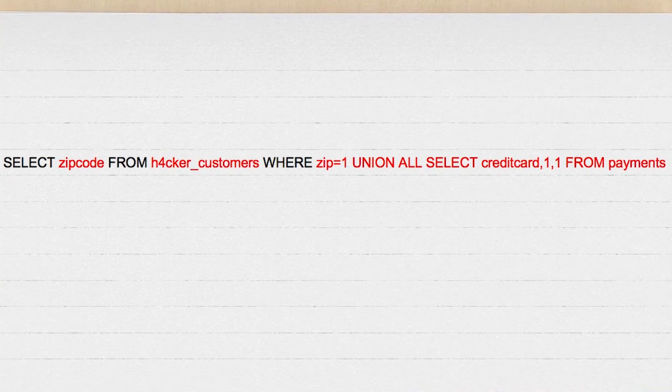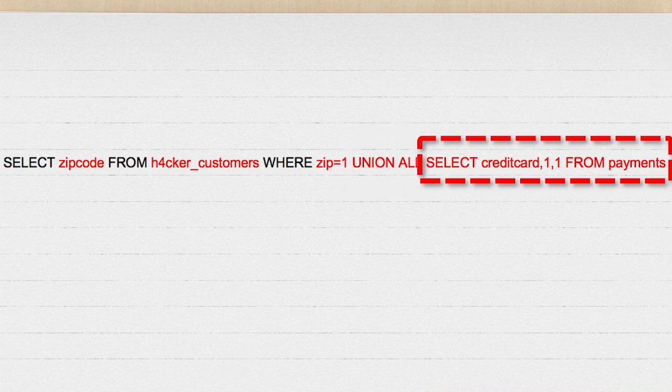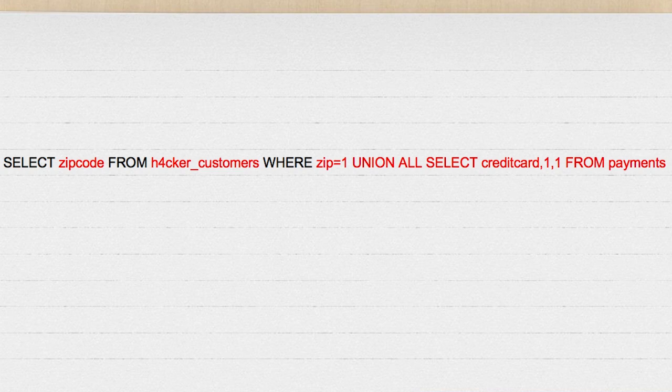So you can select zip code from hacker customers table where zip equals 1, and then you perform a union all, and then you do a select credit card from a payments table, assuming they know the table structure, and then of course all bets are off. You can probably display results that include payment credit card numbers in the payments tables, right?